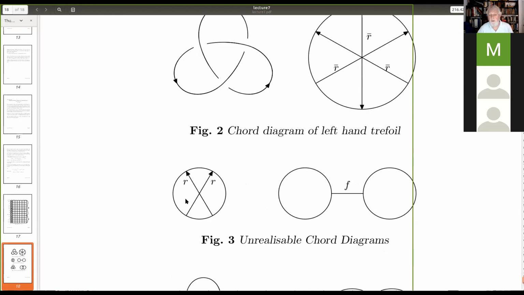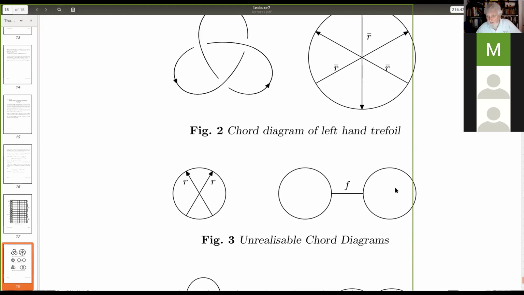Here are two chord diagrams which don't correspond to classical knots. If instead of having three arrows here, you have two arrows, both annotated by R, meaning they're positive crossings, you can try, if you like, on a piece of paper to realize this as a knot diagram, and you can't.